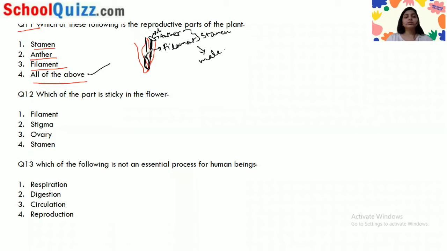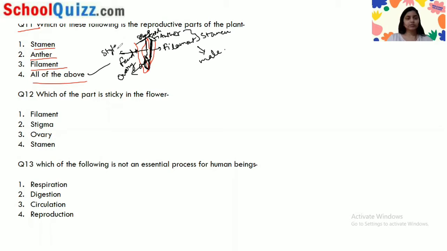And what is the female reproductive part of the plant? That is the pistil. It has the stigma, the ovary, here, this is the ovary. This is the stigma, and one more, the style. This is called the style.